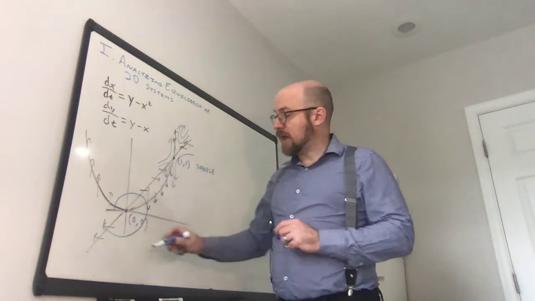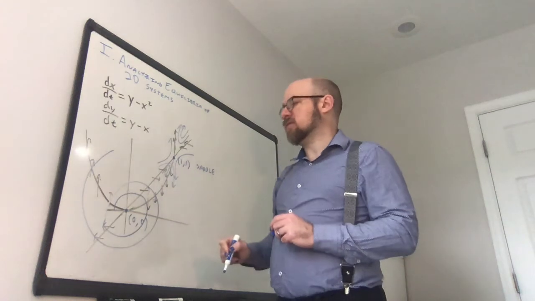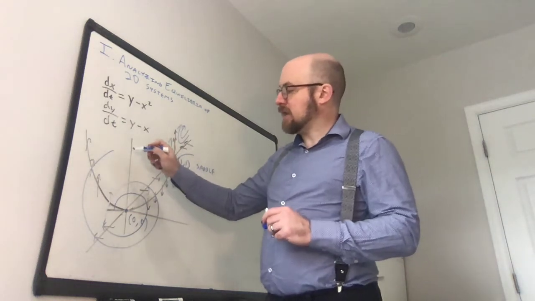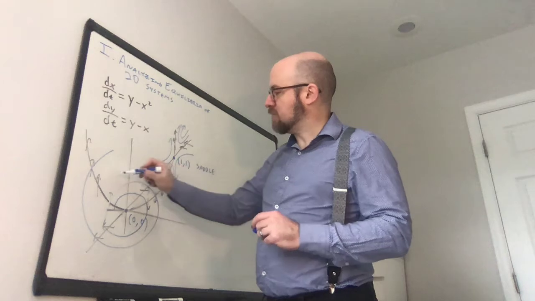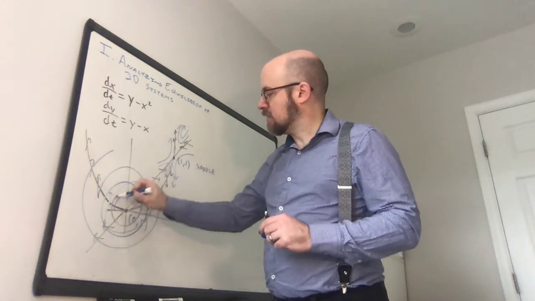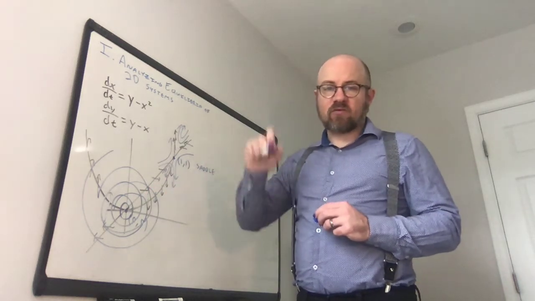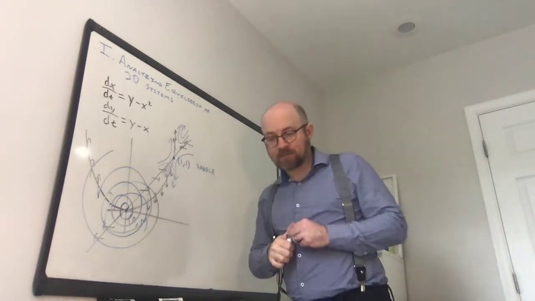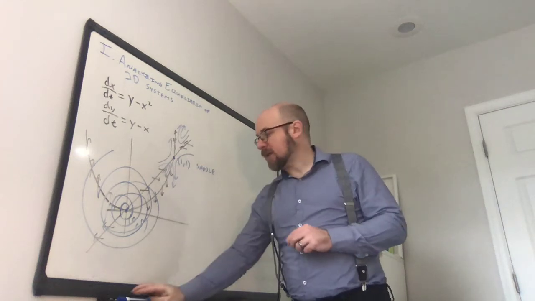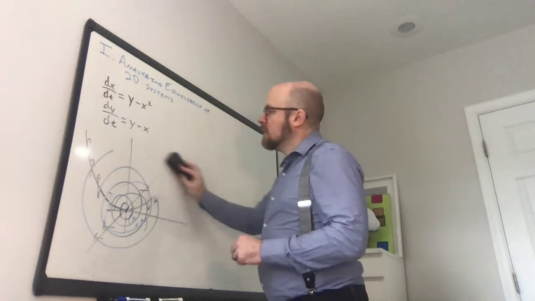It can spiral out and keep getting bigger and bigger, or it could spiral in, the opposite direction, and come closer and closer, or it can just rotate around it.